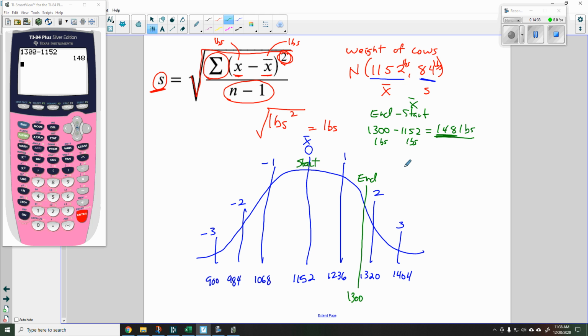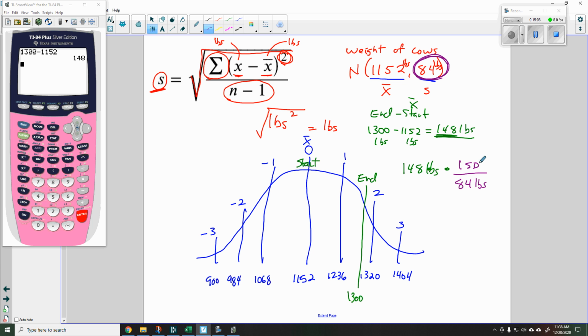So I'm going to take 148, and I'm going to multiply it. Well, let me put in the units here, 148 pounds. And I'm going to multiply that. I want to change the units. I'm going to multiply it by 1 standard deviation over 84 pounds, because my model is telling me one standard deviation is equal to 84 pounds.